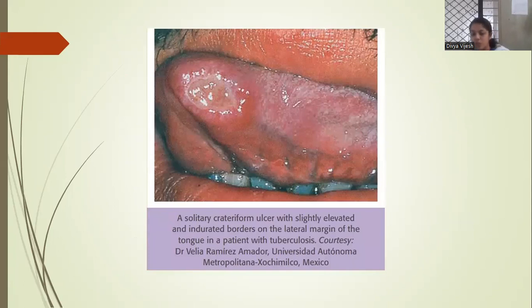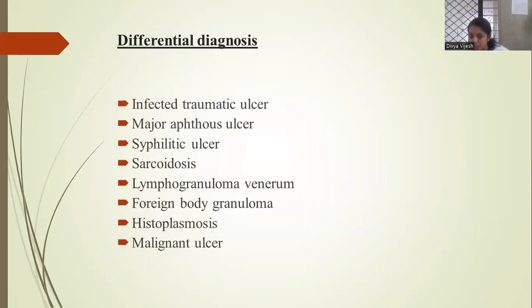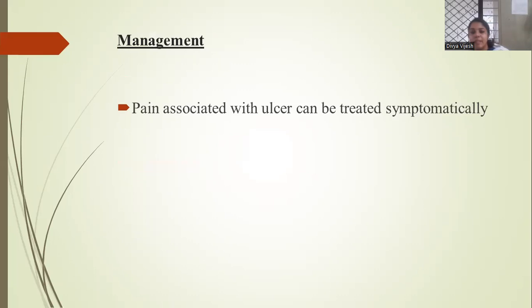Okay, we have to rule it out. And coming to the differential diagnosis: infected traumatic ulcer, major aphthous ulcer, syphilitic ulcer, sarcoidosis, histoplasmosis, and some kind of malignant ulcer. And pain associated with the ulcer can be treated symptomatically.